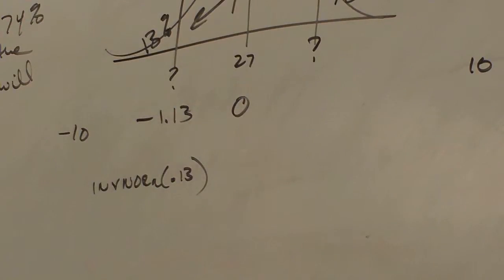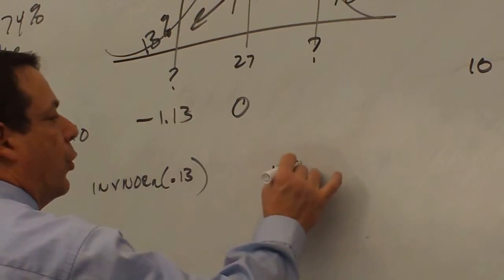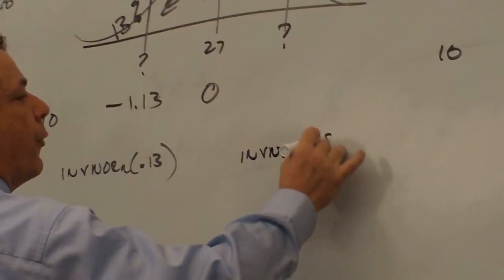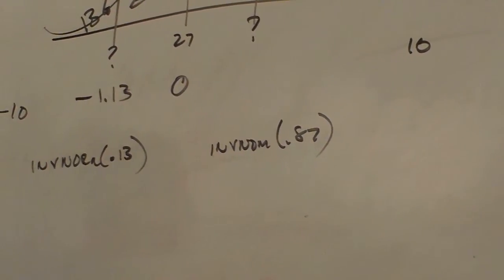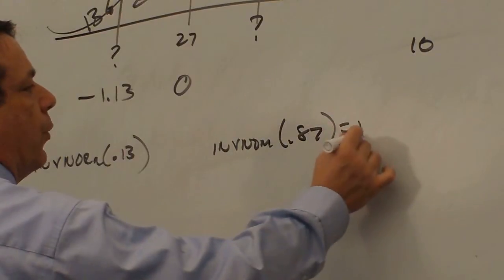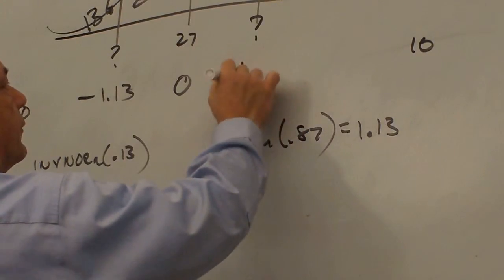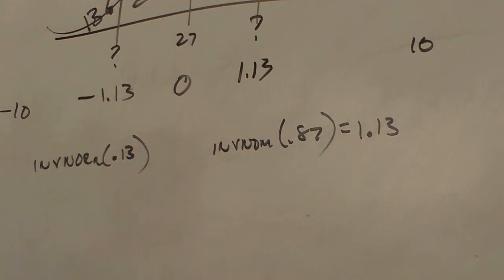Okay, I'll go with that. It's always a good idea to check, although it's going to be the same on the other side because it's symmetric. Just make sure you don't plug anything in wrong. So this one is inverted norm 0.87, the area to the left. If she looked that up right, it should be 1.13. And so that's 1.13.